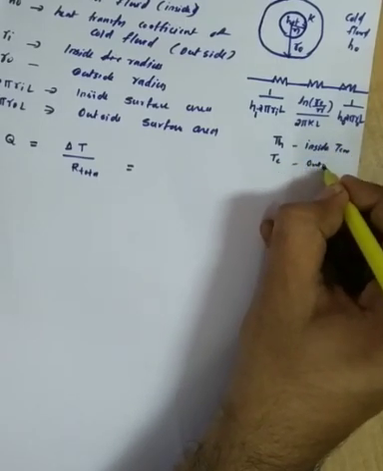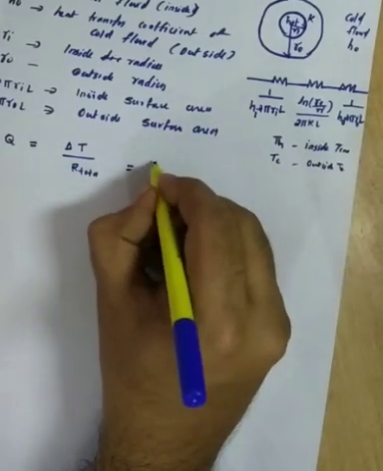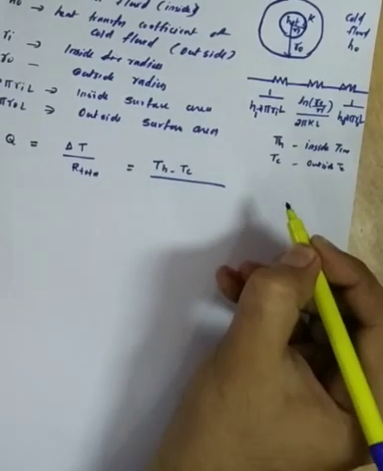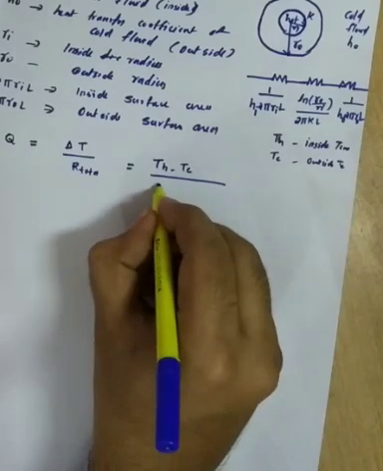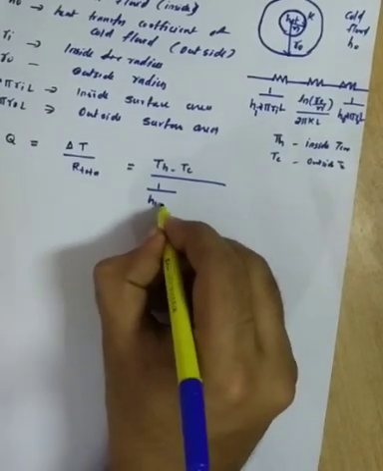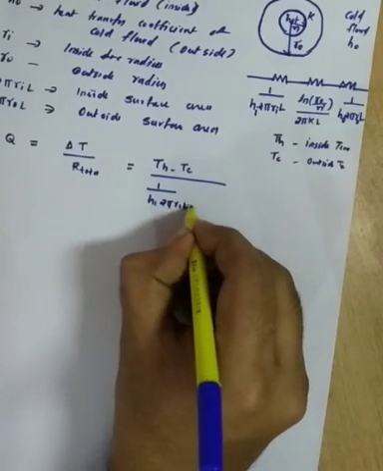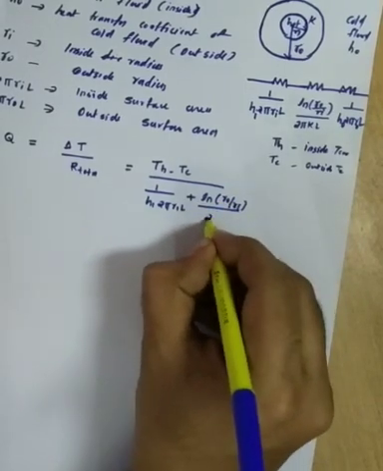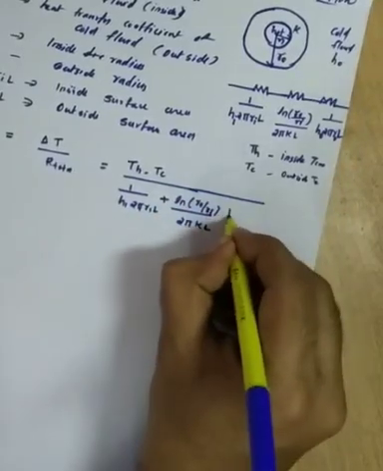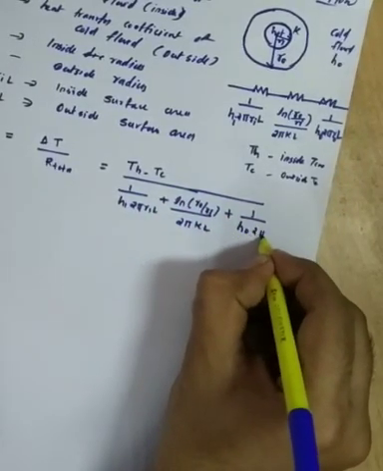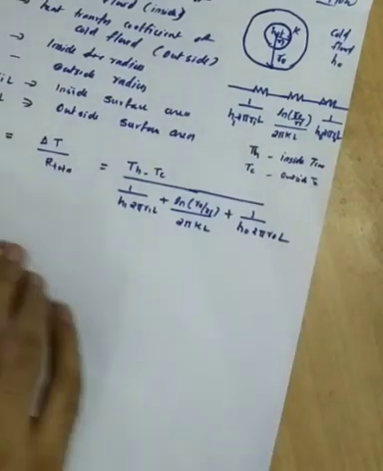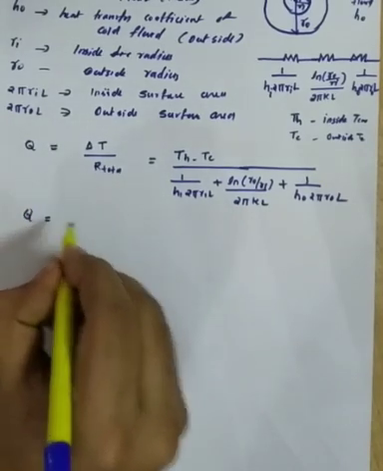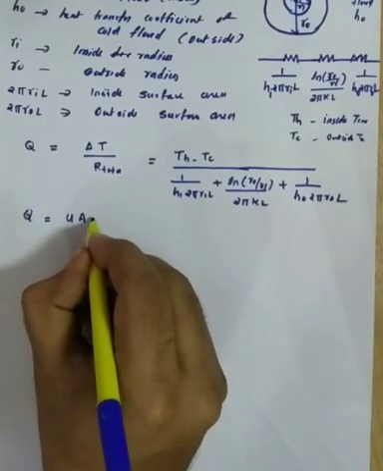So I can rewrite this equation, instead of delta T, as Th minus Tc divided by R total, which is equal to 1 by Hi 2 pi Ri L plus log Ro by Ri over 2 pi K L plus 1 by Ho 2 pi Ro L. In terms of the overall heat transfer coefficient, I can represent this same Q as U into A into delta T.